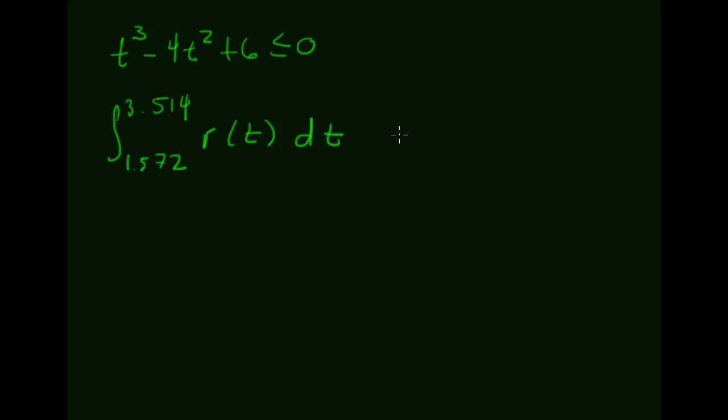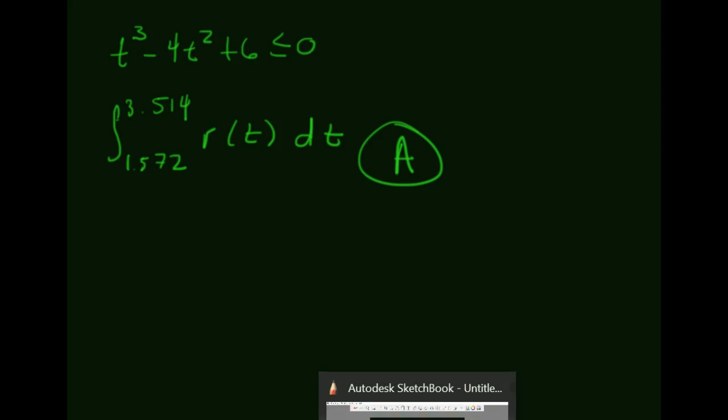Because R of t is already the rate of change, so we don't have to take the derivative of this. It is the derivative, so the total change in altitude would be the integral of this, which gives me letter B, or sorry, not B, A. There we go. Don't want to confuse that. All right, so let's move on to the next problem.